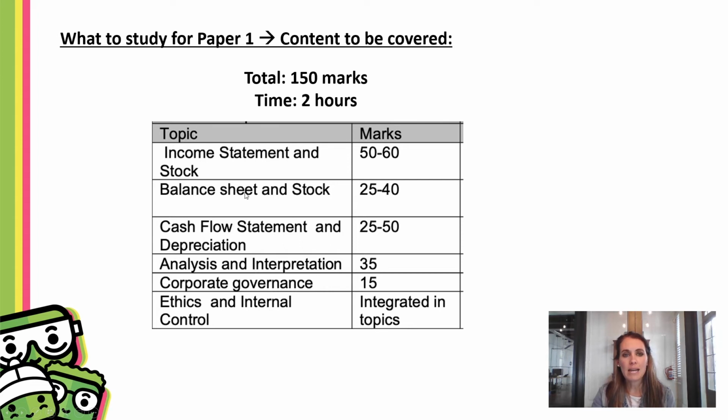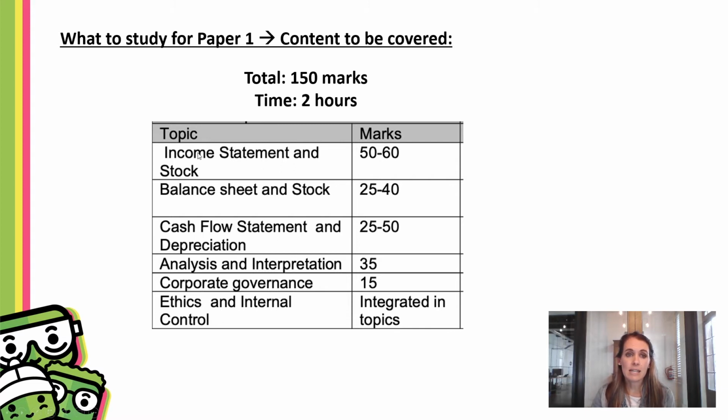We've got the balance sheet with the notes, and then again, there can be stock questions in there, cash flow statement, and then depreciation. And then the paper ends off with analysis and interpretation and corporate governance and ethics and internal control. So please remember that this is just a guide. The marking allocation is also just a guide to help you. It's an estimate of what you will find.